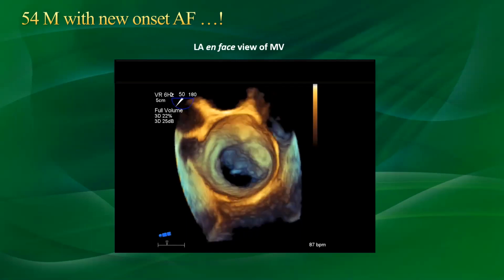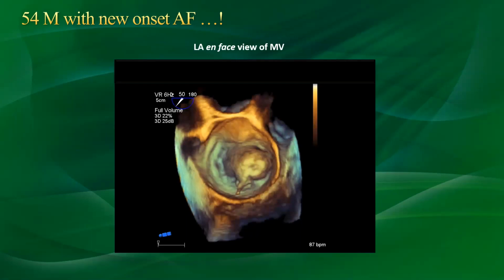And Jay, whenever you can, put up the same question again. So remember, this is the left atrial appendage. This is the aortic valve. So this is anterior, and this is posterior here.